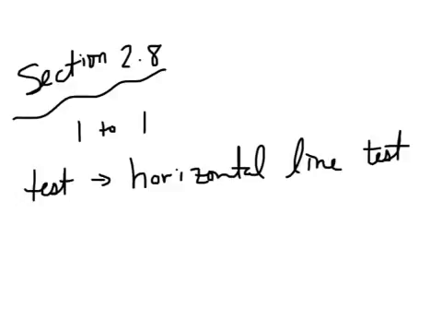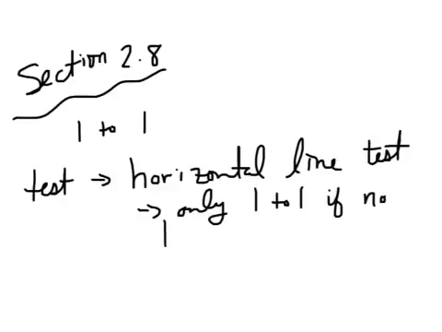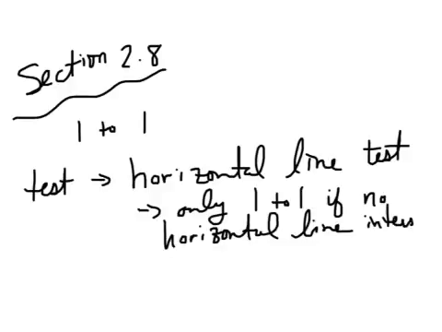Now this next one: it is one-to-one only if no horizontal line intersects or hits, or whatever describing word you want to use, its graph more than once.